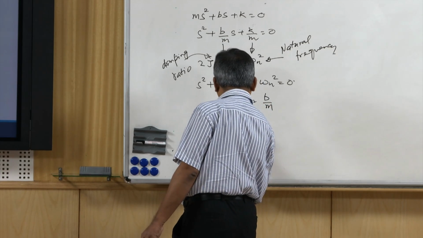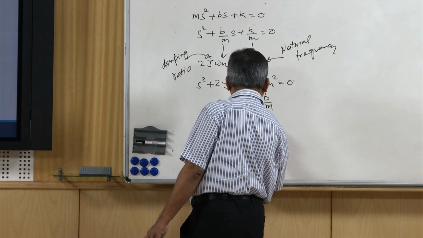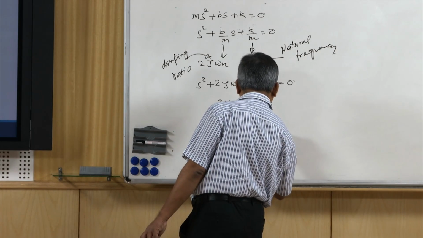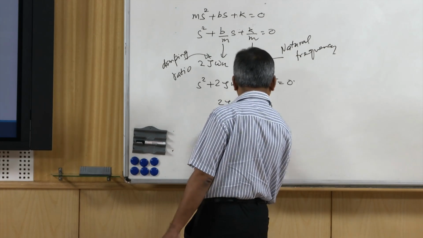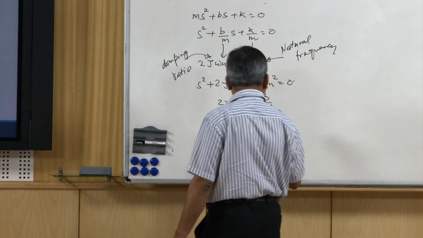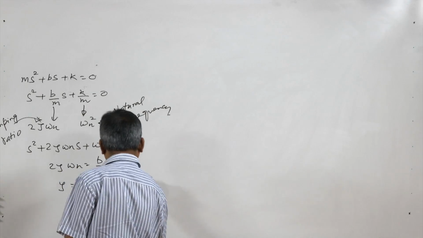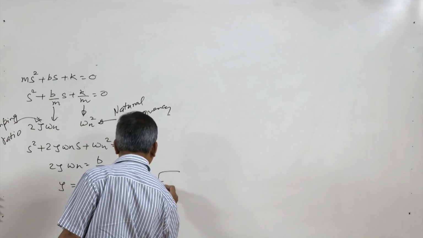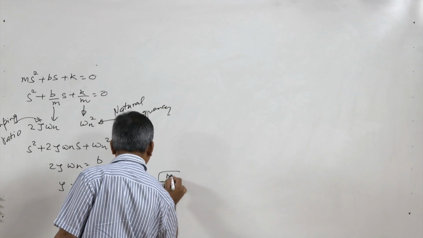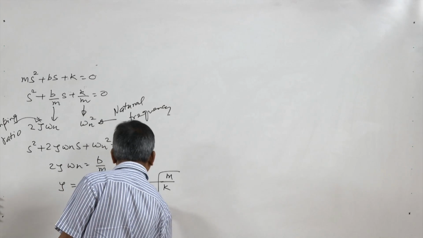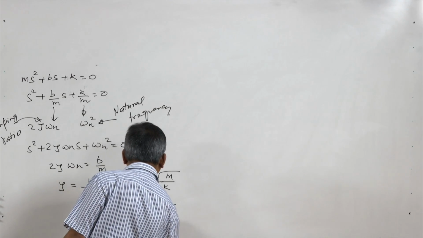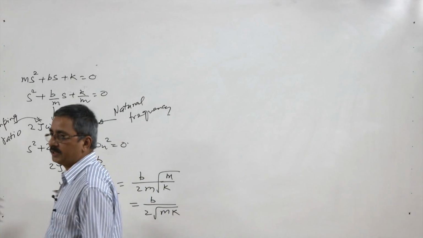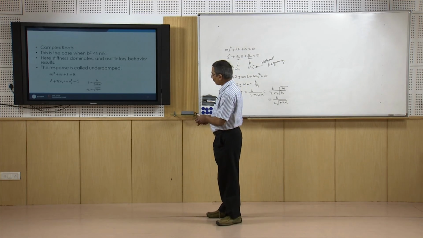So, from here I can find zeta as b by 2 m omega n. This I can further write as b by 2 m times under root k by m, or further as b by 2 under root m k.